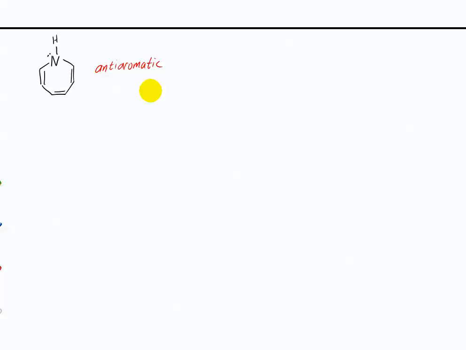What would be an answer on the test? On a test, I would have to be more specific. I would say assume it's flat. Or I would say, would you expect this molecule to be flat or not? And you would say, I would not, because if it were flat, it would be anti-aromatic, so it must bend out of that. So anti-aromatic, which really means that it ends up being non-aromatic.